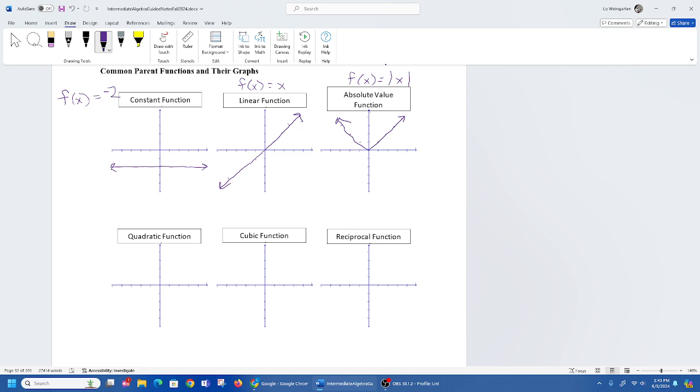The quadratic function is f of x is equal to x squared. And this is going to form a parabola. And I'm just going to put some guiding dots here for myself. You shouldn't have to graph these exactly at this point in the course.